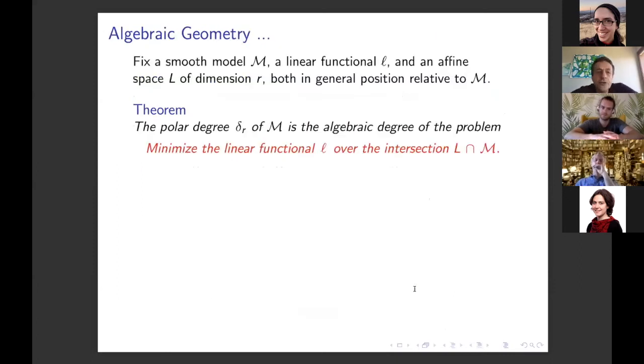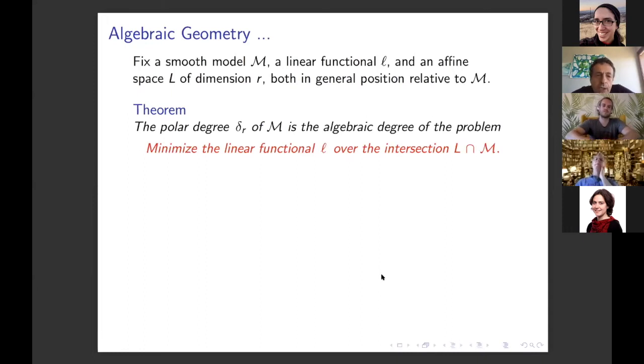Now, I like algebraic geometry, so let me talk a little bit about the algebraic complexity. So suppose the model M is smooth, and it's an algebraic variety. And suppose you have a linear functional L on the ambient space and an affine linear space of some dimension R. And let's say everything is in general position relative to each other.